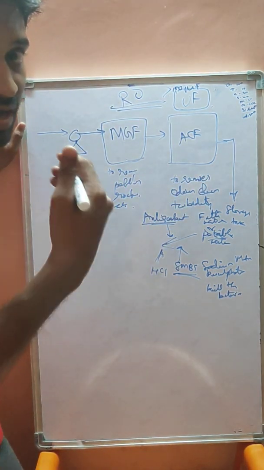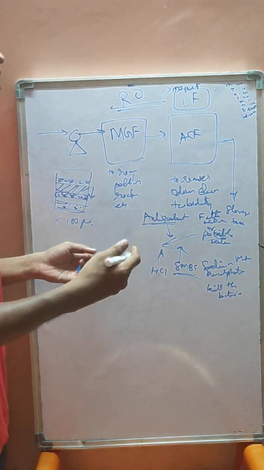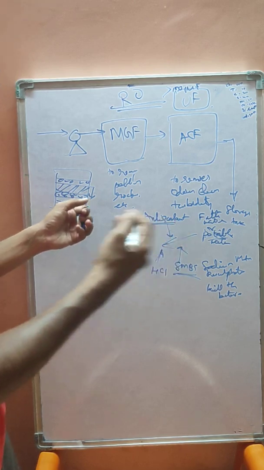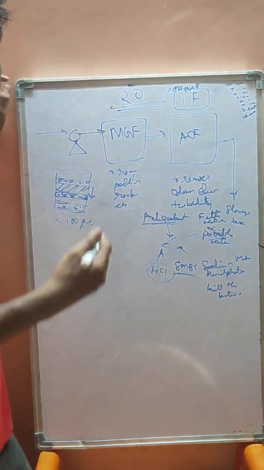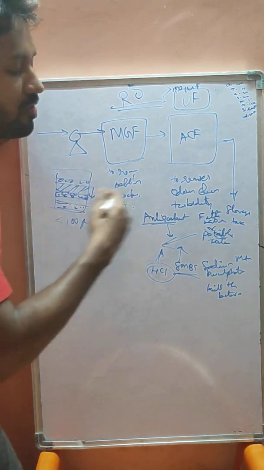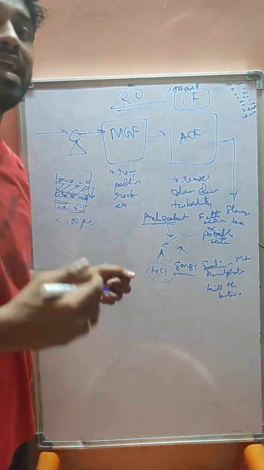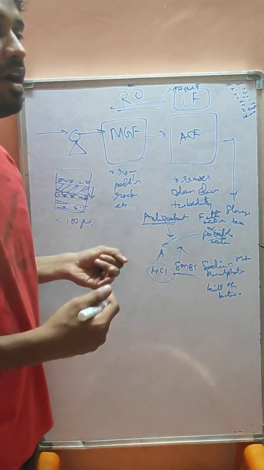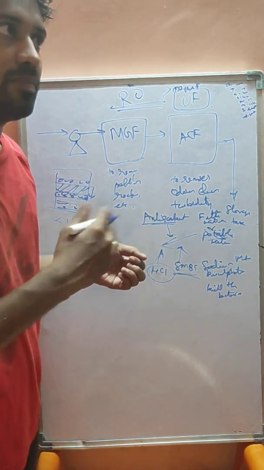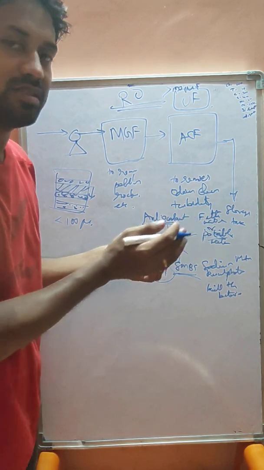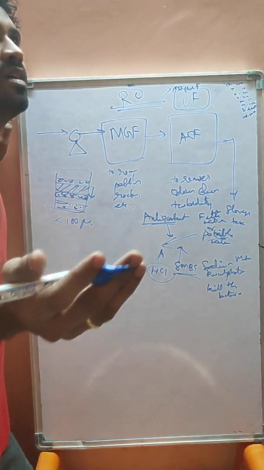Mostly the water will be more basic only; it will not go to the acidic side. So mostly we prefer HCl only, and those other cases will be very rare. If the plant nature is more acidic, then we have to add a basic component, so we can go for caustic or ammonia.